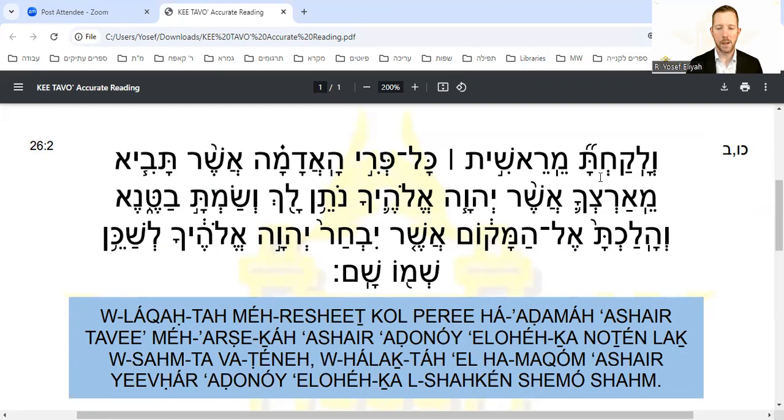Me arsacha. When you have two shavas in a row, the first shava is a silent shava. It means the end of the previous syllable. The second shava is a sounded shava. That symbolizes a short vowel, but it will not be an accented syllable.